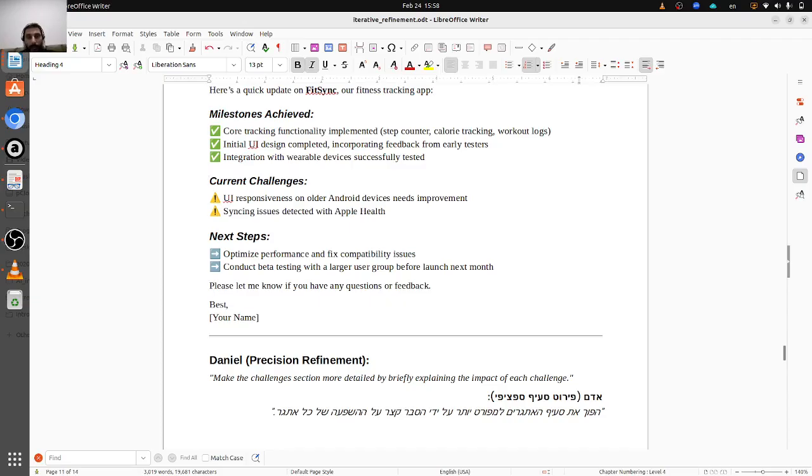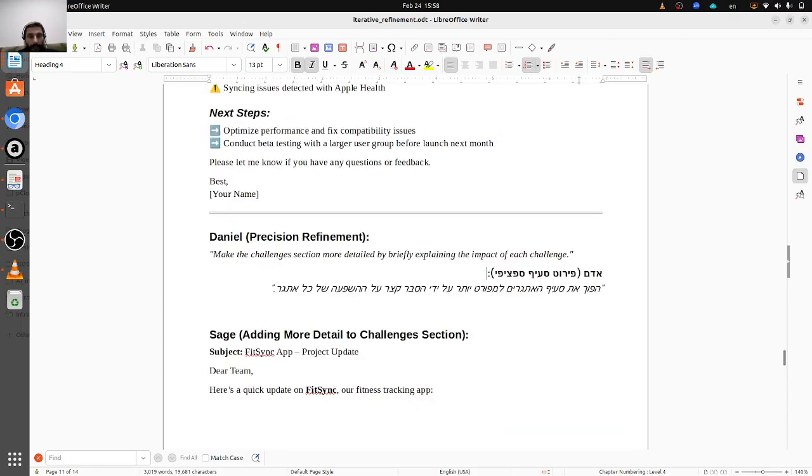So he decides to go for another iteration where he prompts Sage to make the challenges section more detailed by briefly explaining the impact of each challenge.